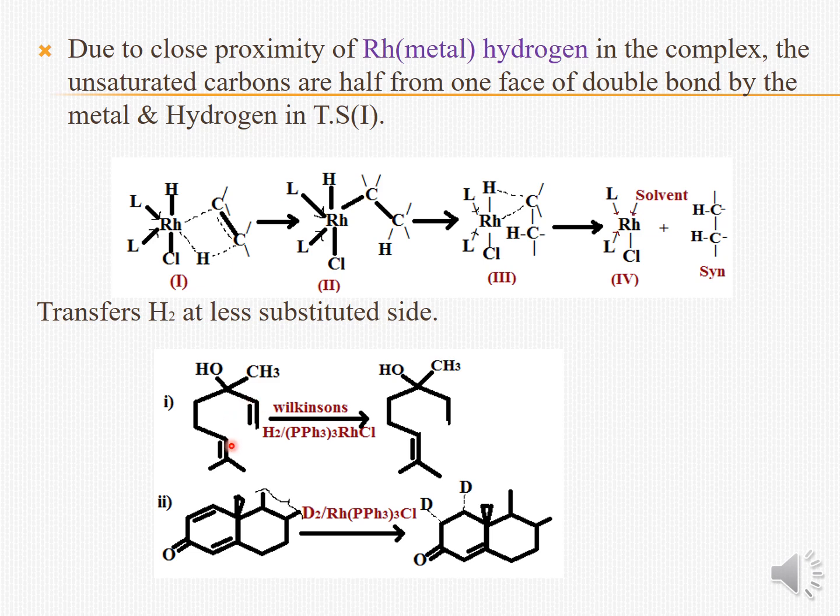Here you can see the other alkene is highly substituted, because it is attached with the dimethyl groups as well as this moiety. The terminal alkene is only attached with a carbon on the adjacent side. So upon treatment with the Wilkinson catalyst, this alkene will get reduced to the hydrocarbon.